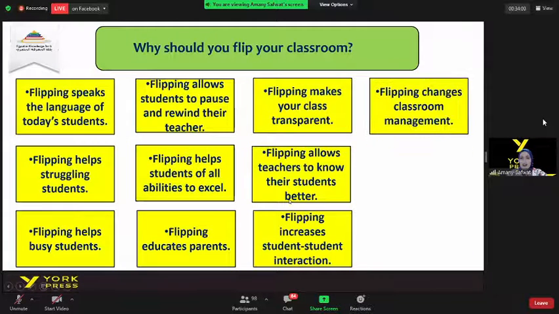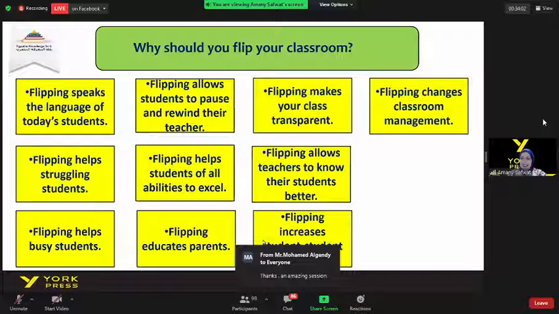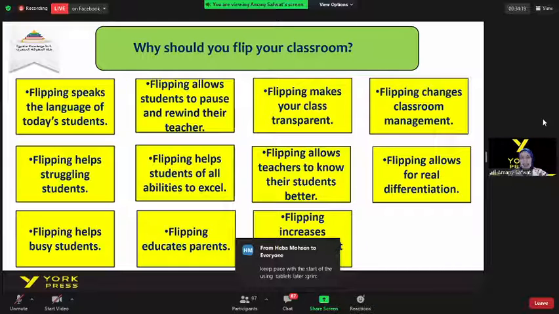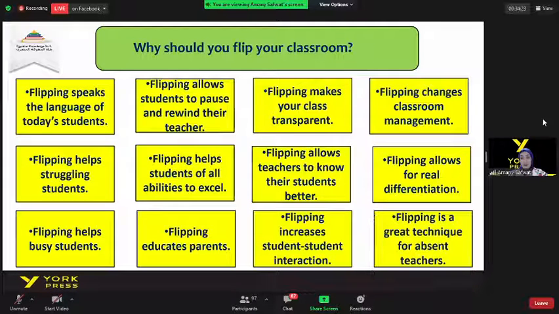Also, flipping changes the classroom management, and most of us as teachers suffer from classroom management. Students in a flipped classroom are busy doing something, so it will be so easy for the teacher to manage the class. And it allows real differentiation between the students, and they have lots of time to do this.